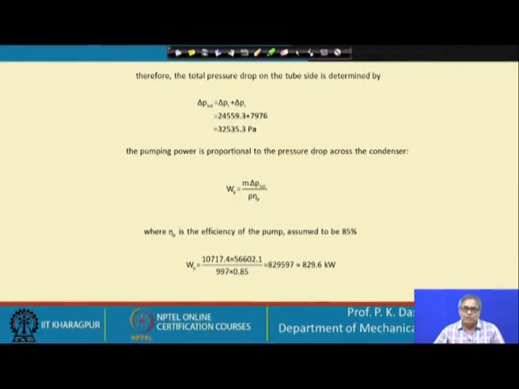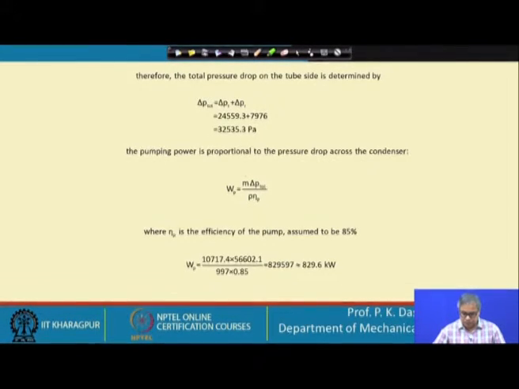Then what will be the pressure drop, so how much pumping power is needed, we could get only for the condenser. Now, you see there will be other requirements. Only for the tube side resistance of the condenser we have got the pumping power. One should not take that this is the total pumping power for the power plant.